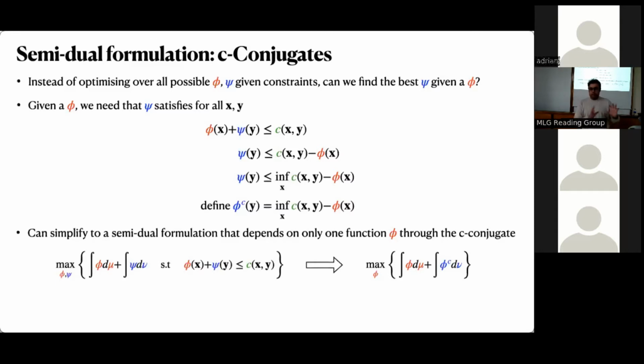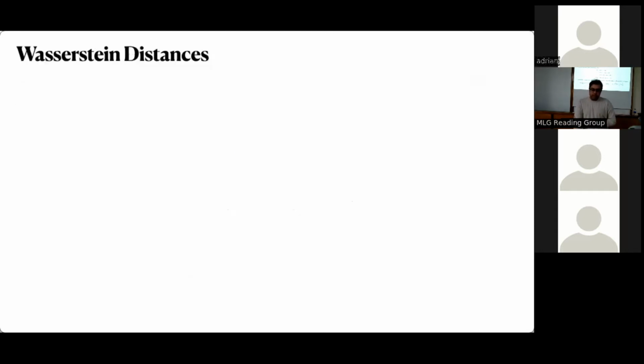Given all this mathematical machinery, let's finally talk about what Wasserstein distances are, because they're the canonical thing used in optimal transport theory, and we've really already defined them.